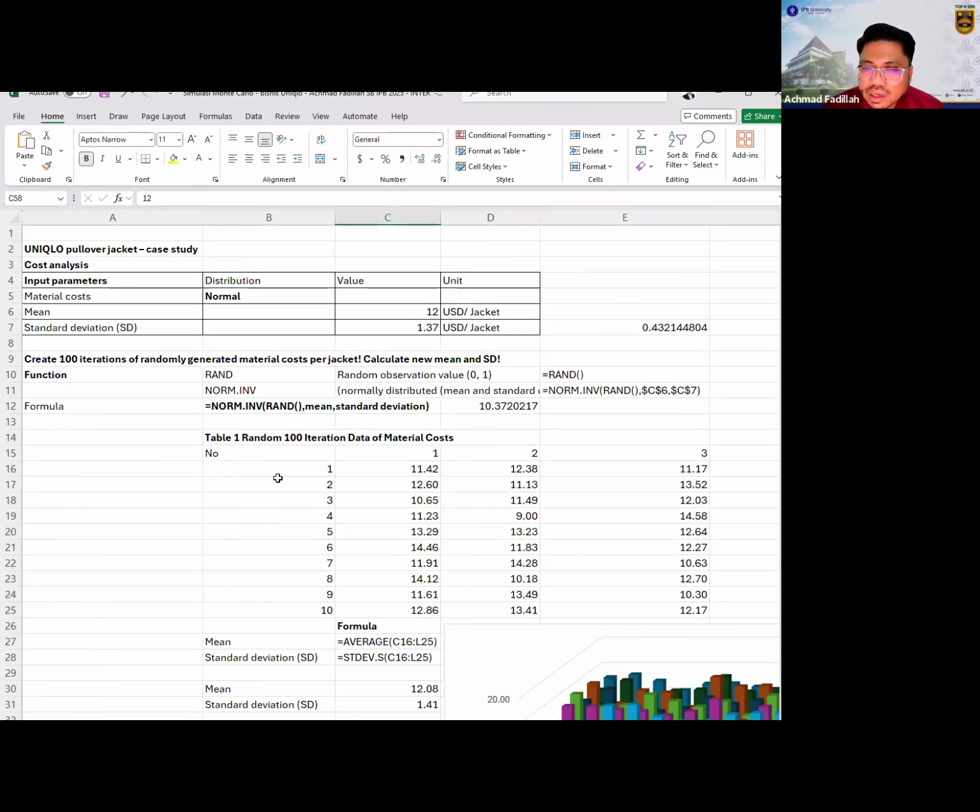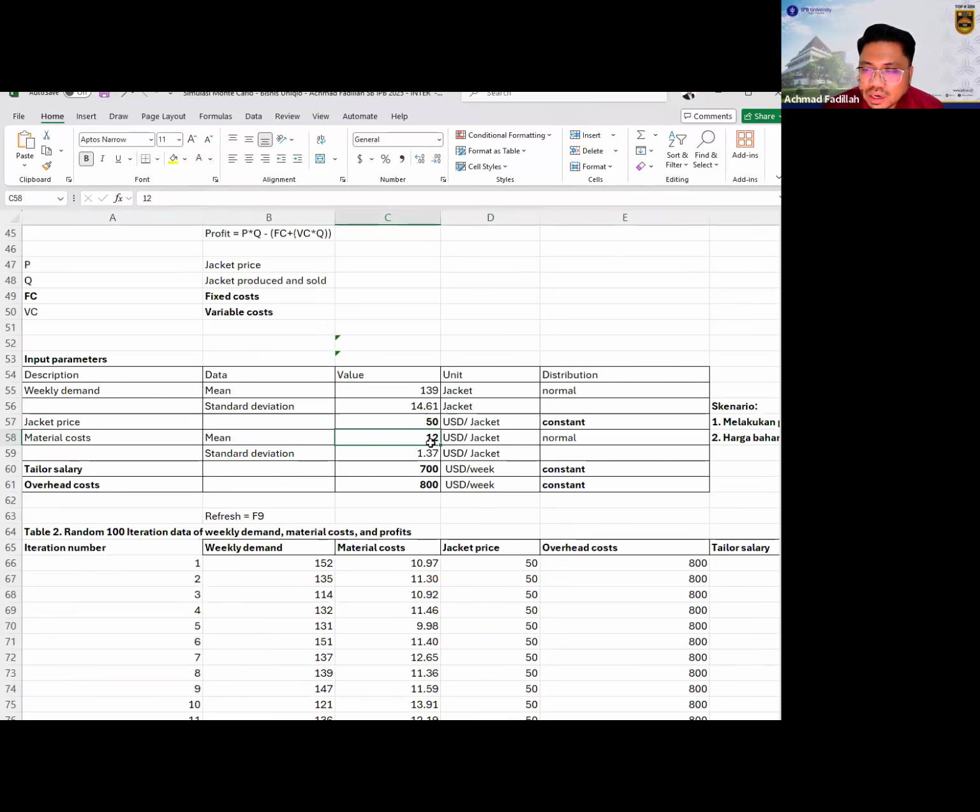About the simulation here, 12 to 1.37. This costs a lot here. And then we need to pay the tailor as a salary. It's constant per week, and overhead is also constant. Overhead means you need to pay for the electricity, the water, everything.